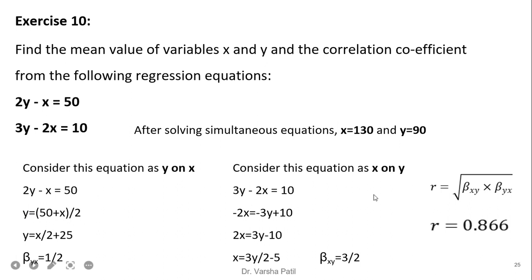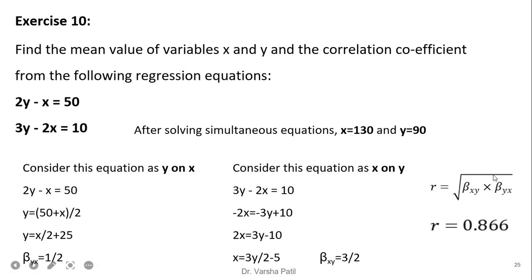For the second, y is independent and x is dependent, so x will come on the left hand side. So we require to arrange these equations, and when we arrange the equation in this format we can easily understand that 25 is the intercept and 1/2 is the slope, which is beta of yx. When we arrange the other equation we can easily see that 3/2 is the slope, which is nothing but bxy.